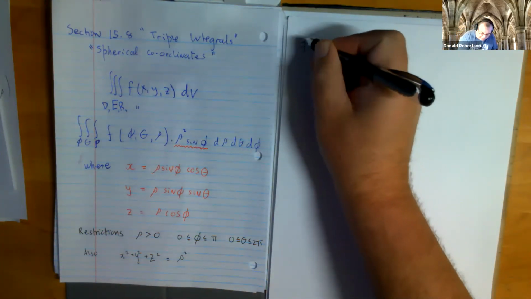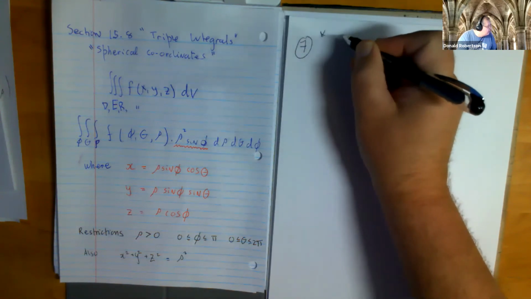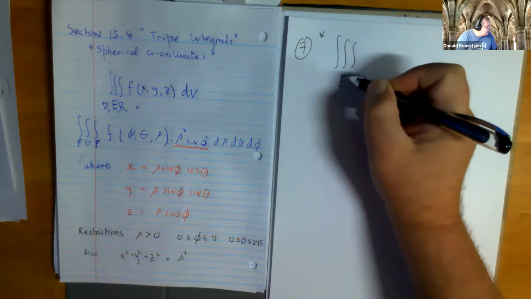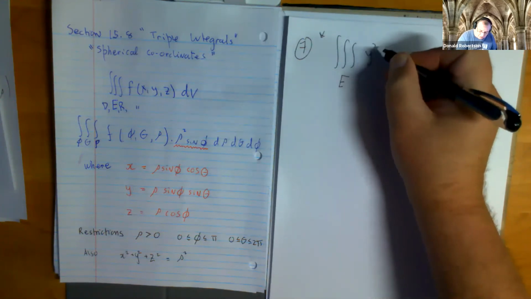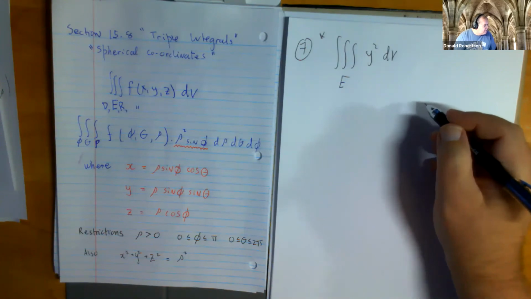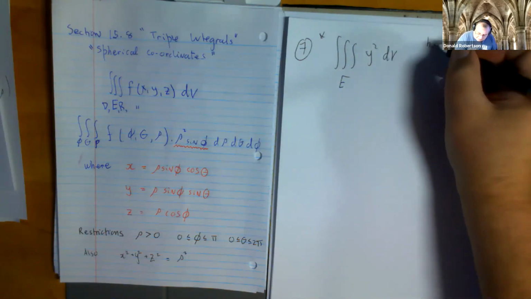So the version of question 7. Triple integral over E of y squared dV. And they call it a hemisphere.